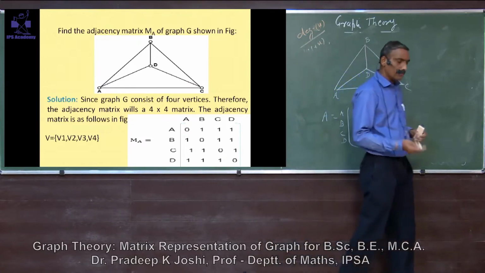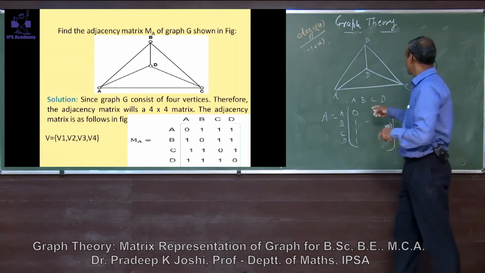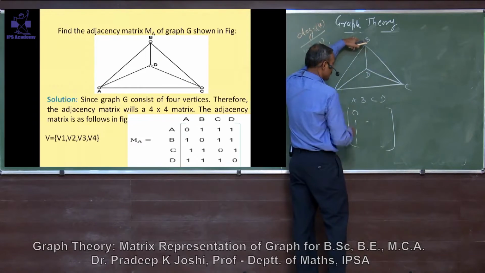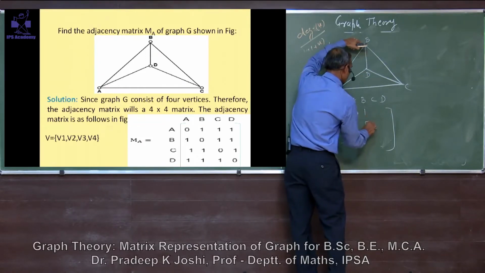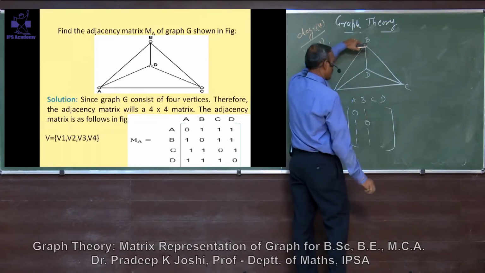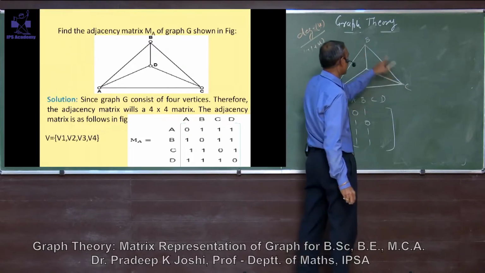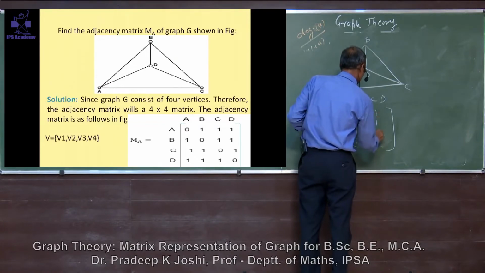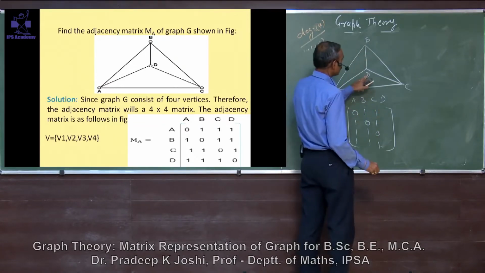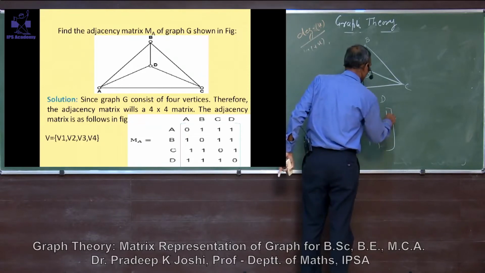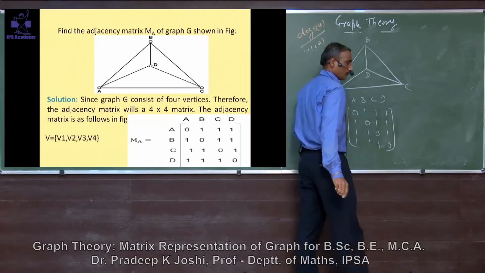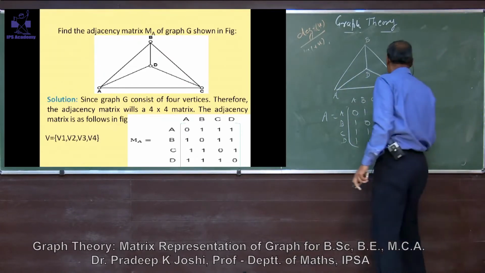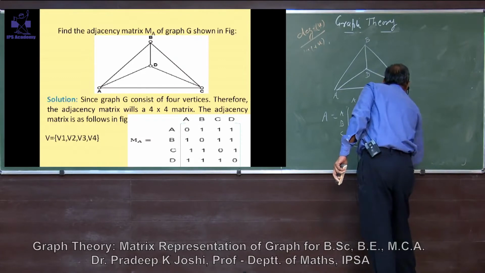Similarly for B, which is adjacent to all other 3 vertices: B to A is 1, B to B is 0, then 1, 1. Similarly C is adjacent to all other 3 vertices: 1, 1, 0, and 1. And D is also adjacent to all other vertices: 1, 1, 1, and 0. So this is the adjacency matrix of the given graph, and the order of the matrix is 4 by 4.